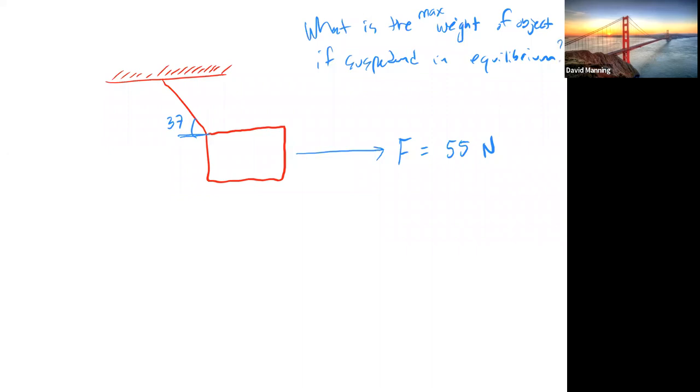That's our question. So we want to draw a free body diagram. We take our object, and I'm just going to redraw it down here. We have F equals 55. We have a weight. Weight is always a downward force. And we have our unknown, we'll just call that C for cable, and that's at 37 degrees.